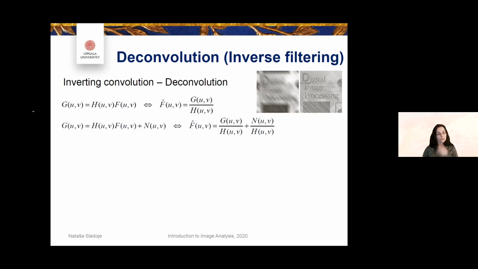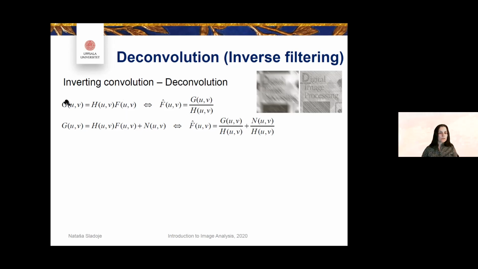We know that our degradation can, in the Fourier domain, thanks to the convolution theorem, be modeled as this multiplication here. So knowing this function g, which is the Fourier transform of our degraded observed image, we would like to get this function f, which is the Fourier transform of our original image.